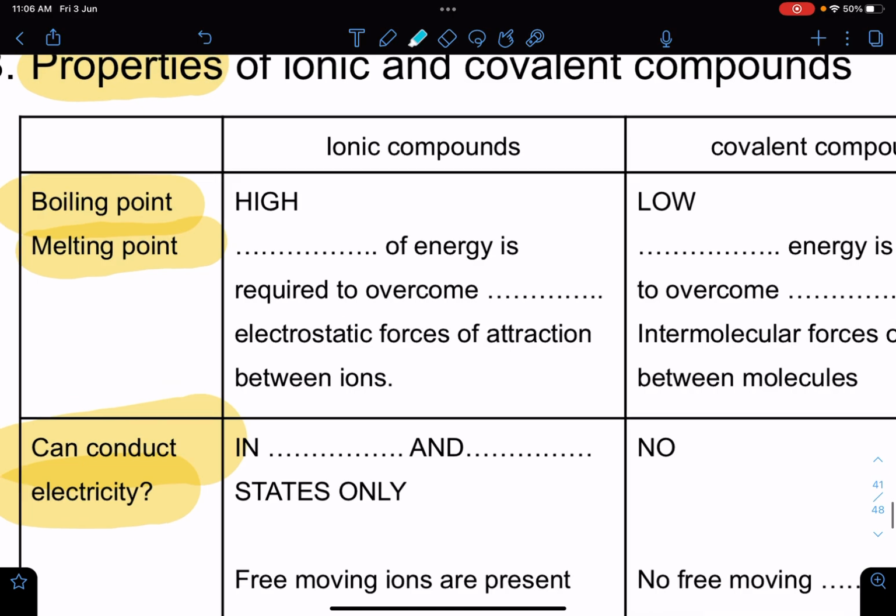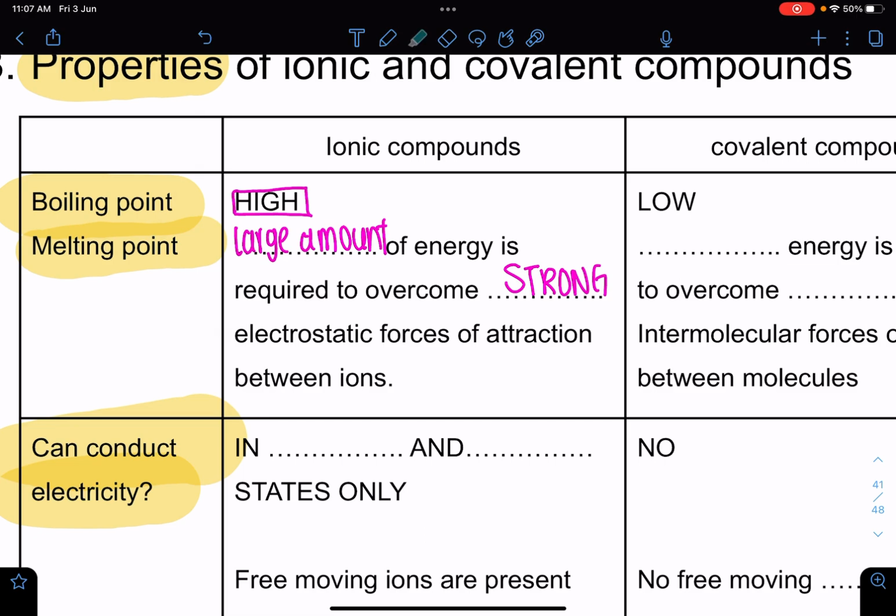So when it comes to the boiling point and melting point of ionic compounds, we would say that it is very high. Why? Because you need large amounts of energy to overcome the strong electrostatic forces of attraction between the ions.